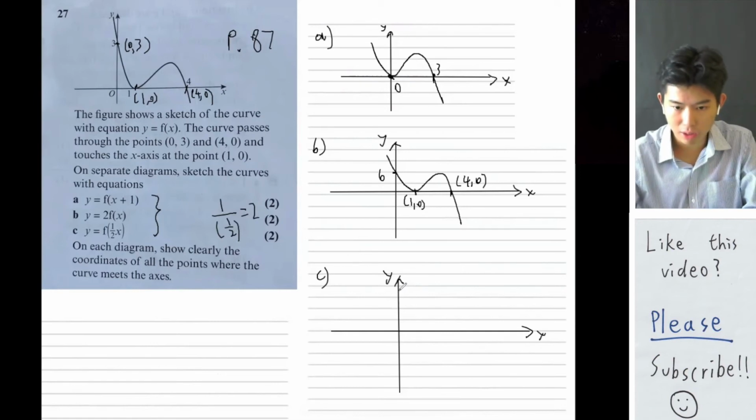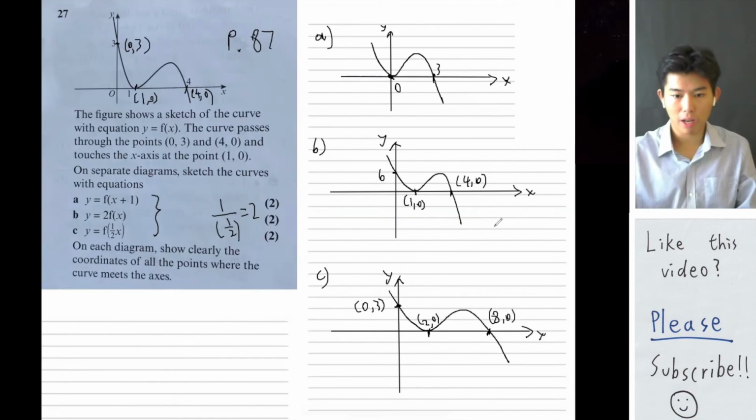So here's the curve, but this curve is slightly wider. Therefore, the coordinates would be 1 times 2 would be equals to 2, and 4 times 2 would be equals to 8. And for the y coordinate, it remains the same. So it will be something like this. And here's the answer for part A, B, and C.